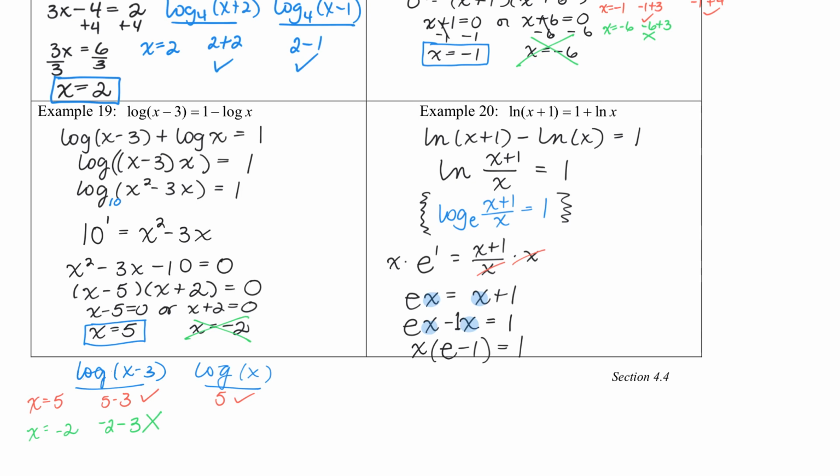All right, now I need to go ahead and divide both sides by e minus 1. And so I get x is equal to 1 divided by e minus 1.